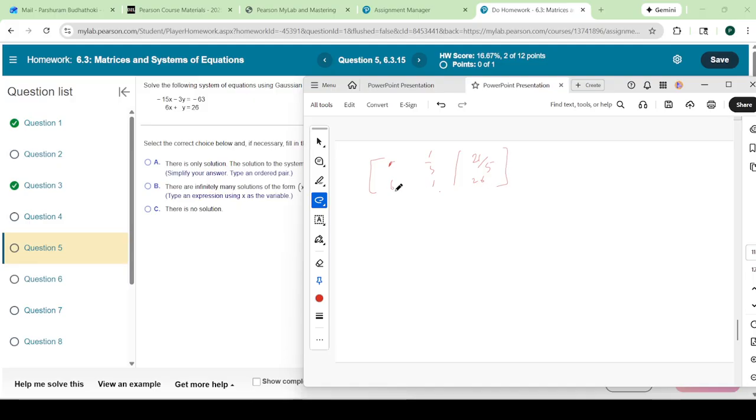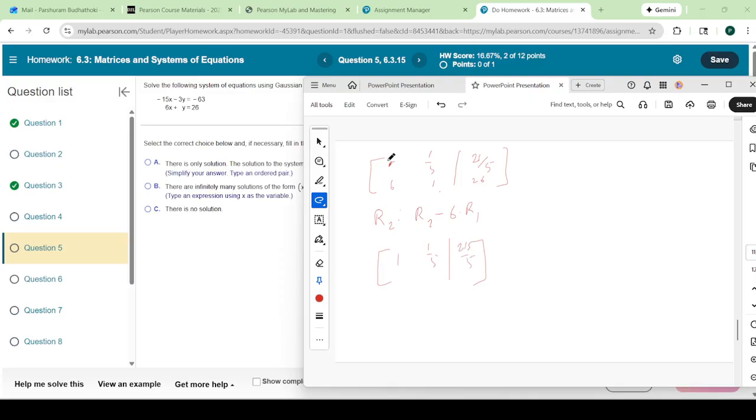Our job is to make this thing 0. So we are going to change row 2. What we are going to do is row 2 minus 6 times row 1, because 6 minus 6 gives us a 0. In this case row 1 is fixed, so just copy row 1, which is 1/5, and then the other side is 21/5.